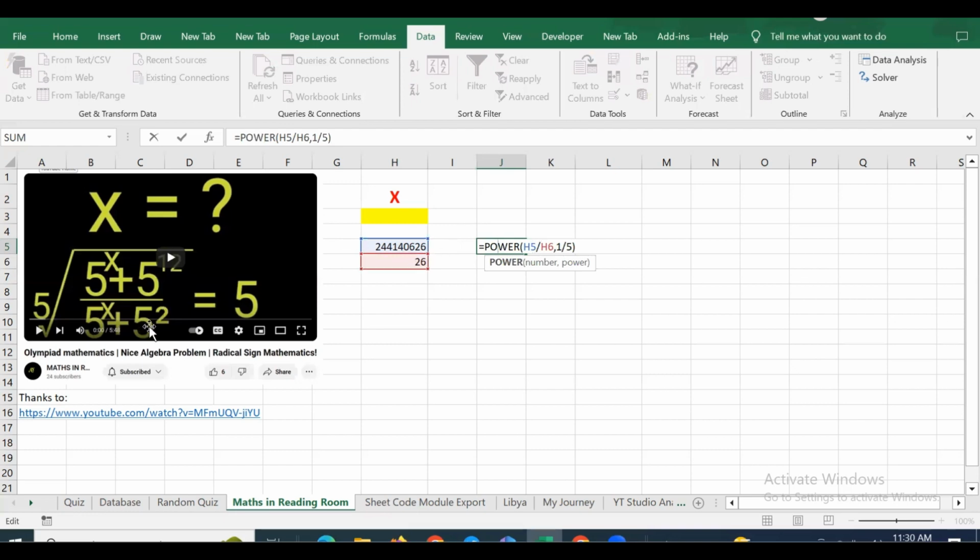So this is divided by 6, and with the root power of 1/5, because this is 5. If it was 3, then we would use 1/3. So that's why 1/5 will be used, and this will make the root of the entire expression.